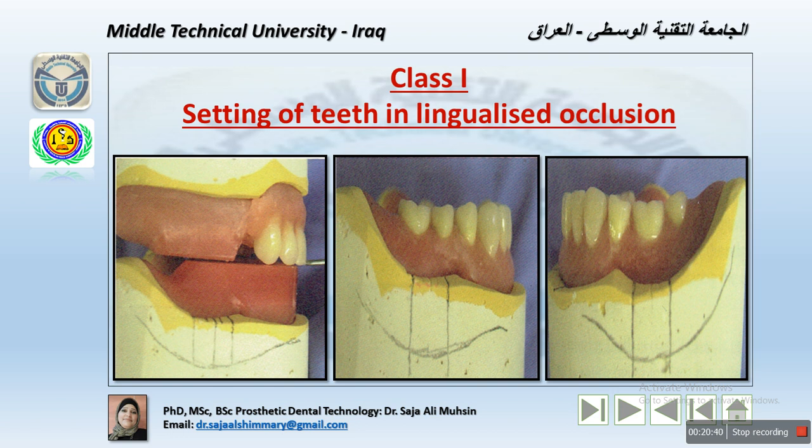Now the upper posterior teeth can then be positioned. The teeth are positioned so that the large palatal cusp of the second premolar and first molar occlude with the larger central foci of their lower counterparts.